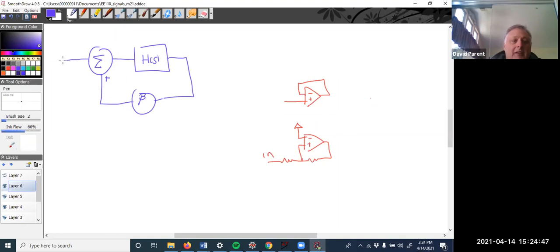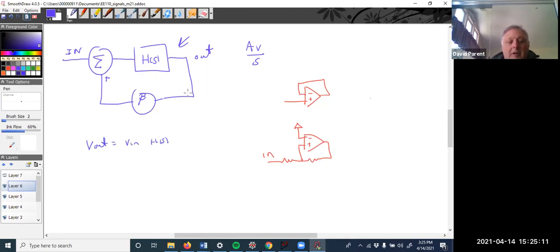And here's my N. Let's use a simple model where it's just open loop gain over S. So V out equals Vn times H of S.